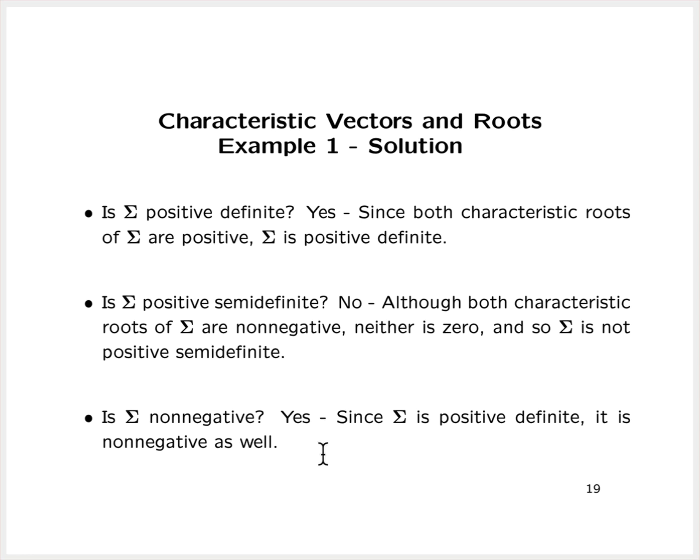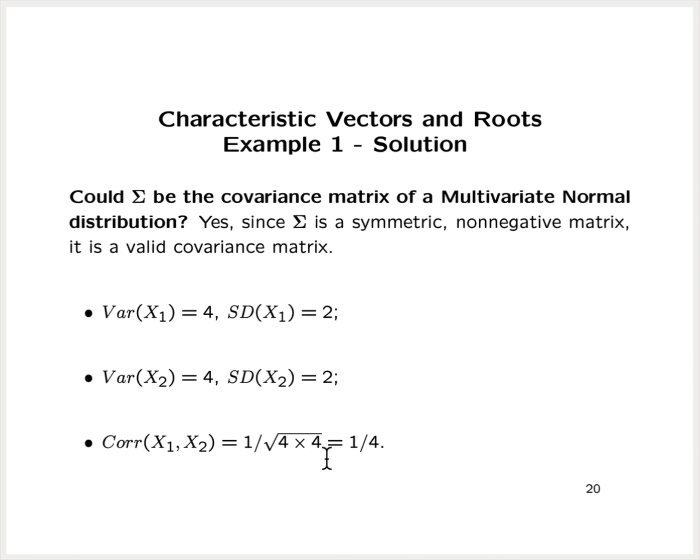Now, why is it important? Why are we interested in whether a P by P symmetric matrix is non-negative? Well, because that's going to allow us to answer this next question. Could capital Sigma be the covariance matrix of a multivariate normal distribution? And in particular, since P is equal to 2, could it be the covariance matrix of a bivariate normal distribution?